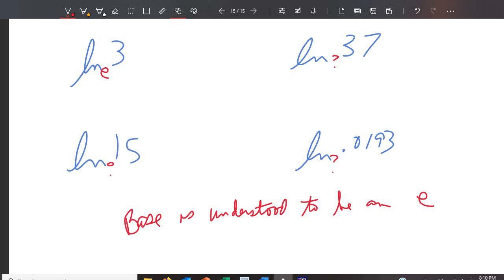Now, it's not necessary to do that, but you may want to do it to help you remember. If there's an ln involved, there's an e involved. Now, the problems themselves are not going to have the e in there, but it's your job to remember that's really an e. Common logarithms, you've got to remember that little number is a 10. Every other logarithm will have the base given to you.